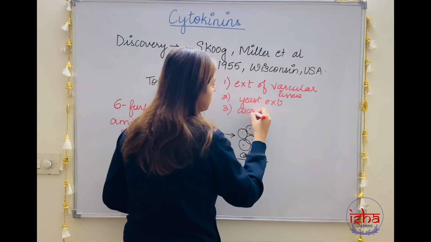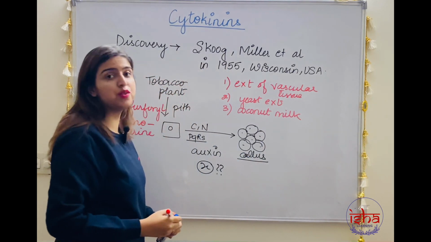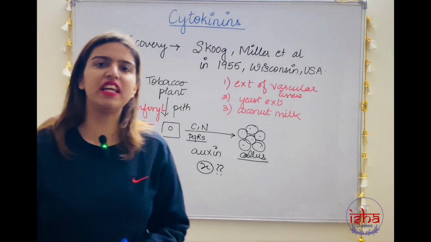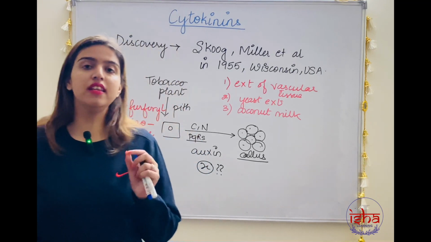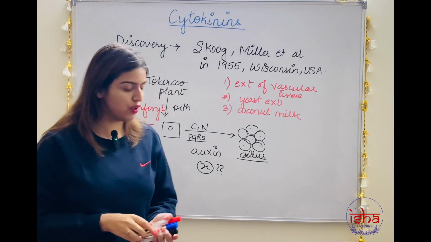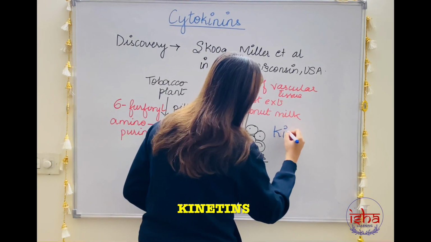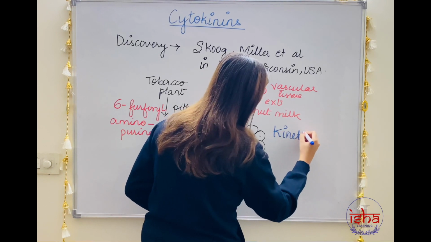Each of these compounds contained this chemical X that was able to induce a very, very rapid cell division. These group of compounds that were causing a rapid cell division came to be known as kinetins.